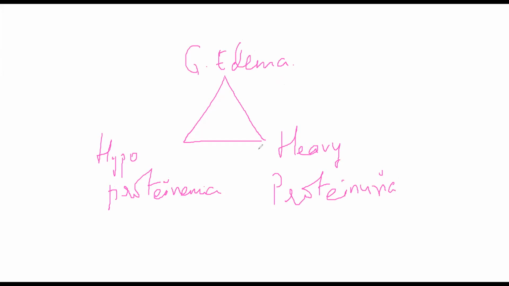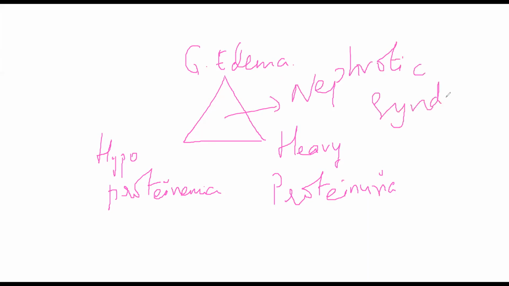This condition, where you have these three significant problems, is called nephrotic syndrome, where a patient has generalized edema, hypoproteinemia and heavy proteinuria.